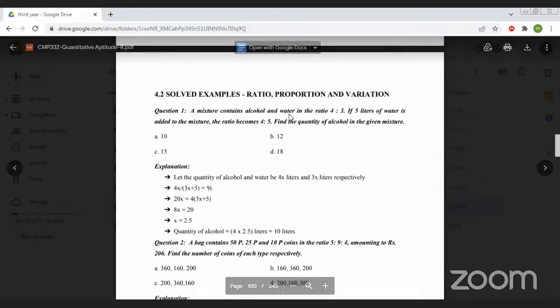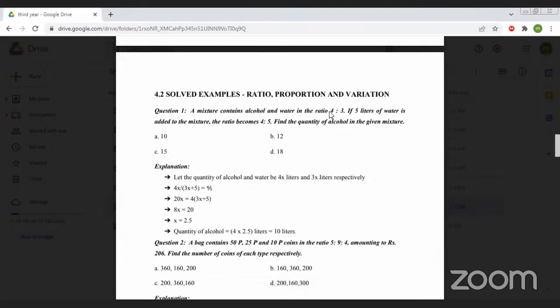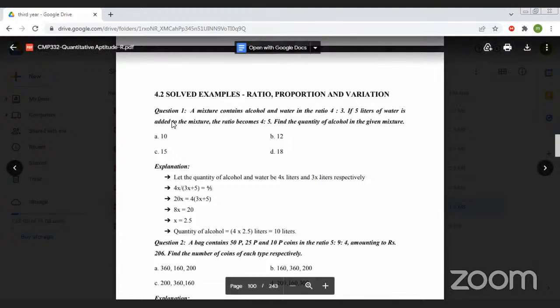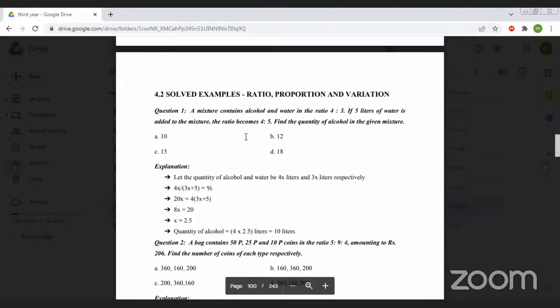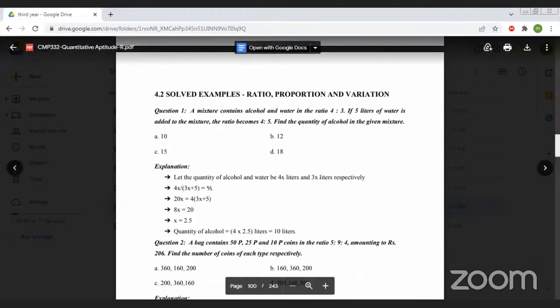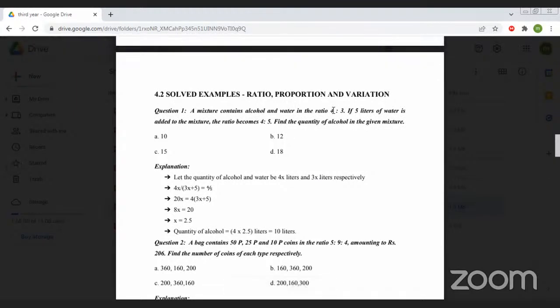A mixture contains alcohol and water in the ratio 4 is to 3. If 5 liters of water is added to the mixture, the ratio becomes 4 is to 5. Find the quantity of alcohol in the given mixture. Now see, let the quantity of alcohol be 4x liters and water be 3x liters respectively.